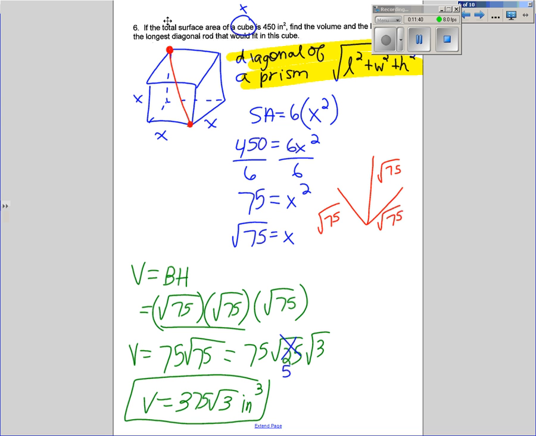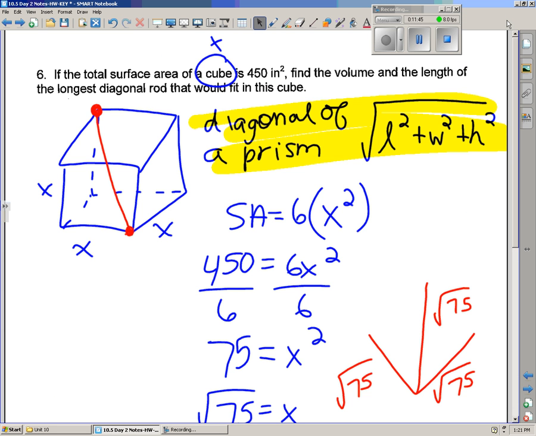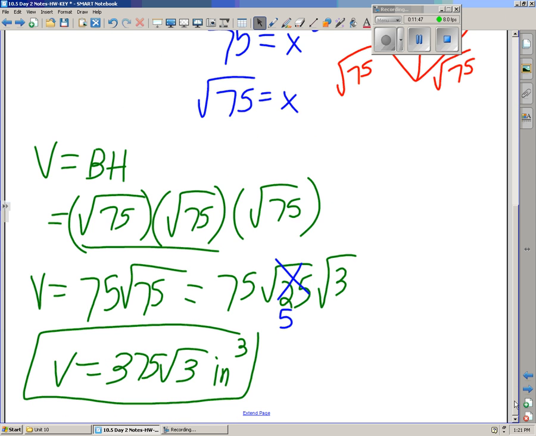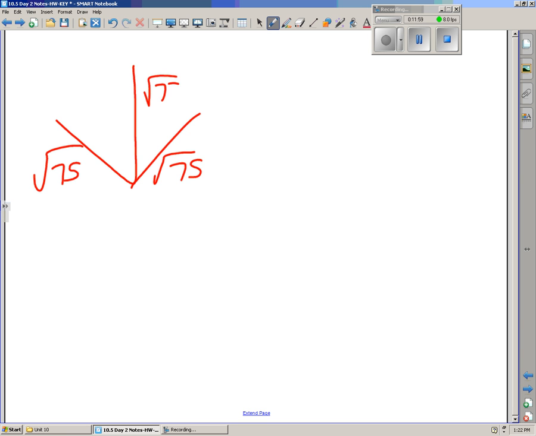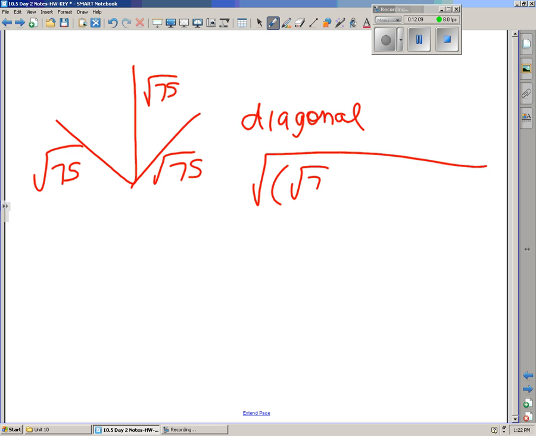Okay, I'm going to bring this back up, and I'm going to bring this back down. So all that's left, I'm going to go for a new page actually. We now need to find the length of the longest diagonal. And we know that the dimensions are radical 75. We know that the diagonal has this whole formula. It's the square root of L squared plus W squared plus H squared.